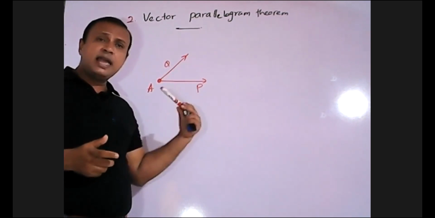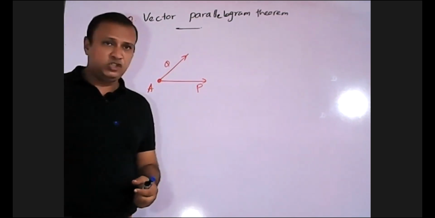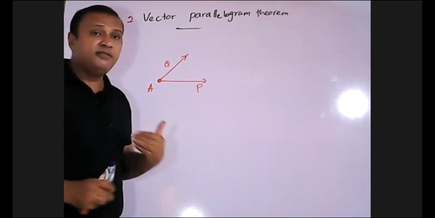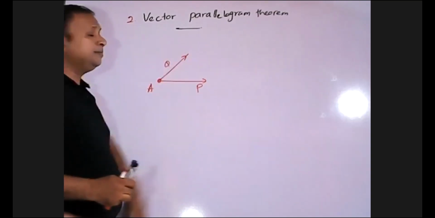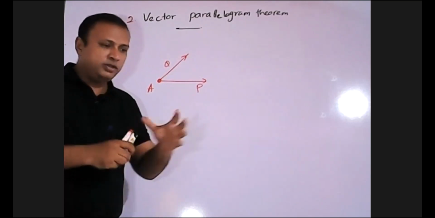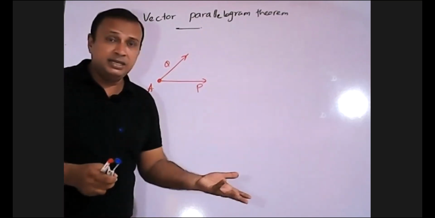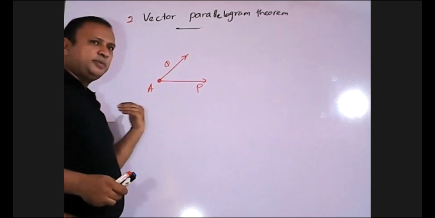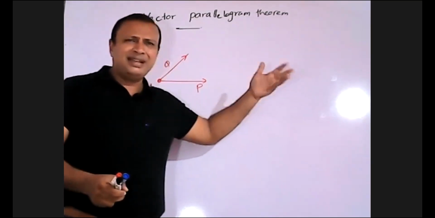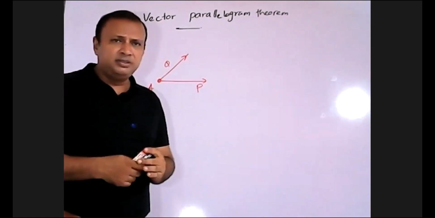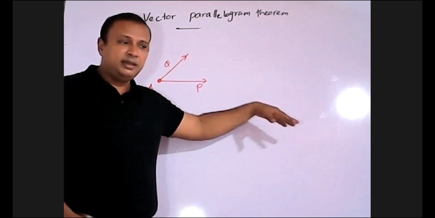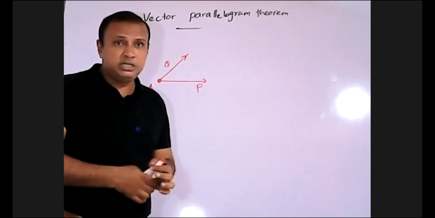If you have this kind of vector application and you want to add these two vectors, then we can use a parallelogram to get the addition of these two vectors. Actually, this is based on the principle of vector addition, but this is a special case, not like the triangle theorem. The triangle theorem is not a big deal because it is similar to the vector addition principle.